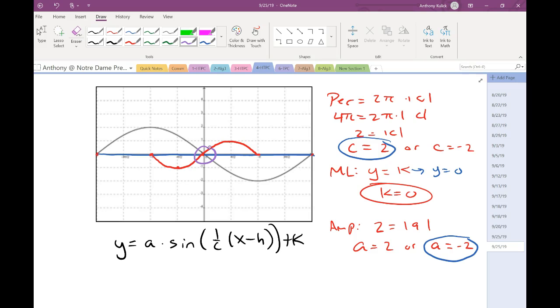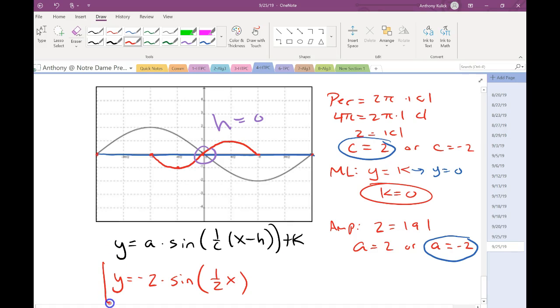Do you agree with that? So I can just say H is 0. Because both graphs cross their midline at the same x value, I can just say that H is 0. I guess I don't need to write that out.